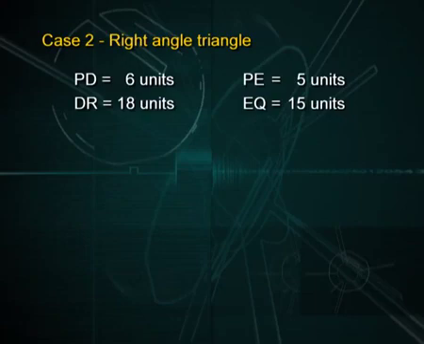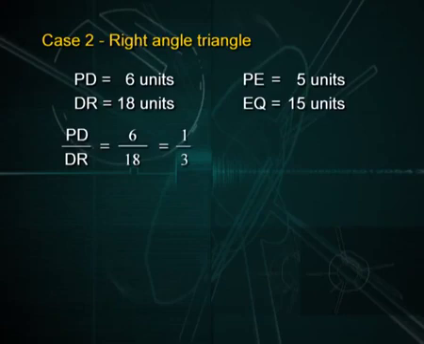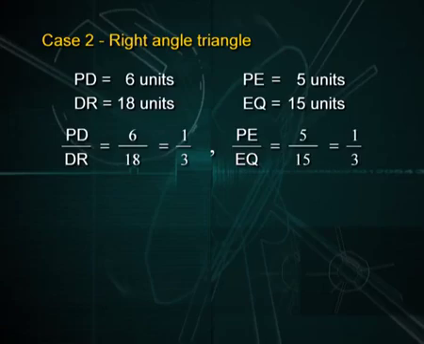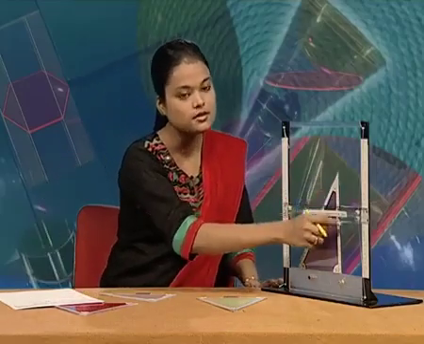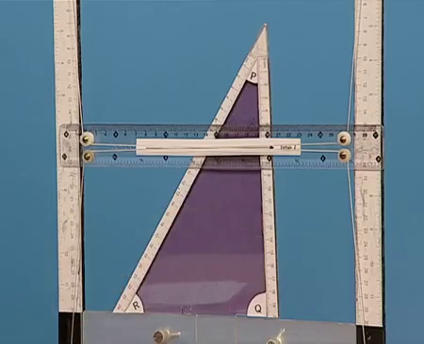Now, by mathematical manipulation, PD by DR is 6 by 18, which is coming out to be 1 by 3, and PE by EQ is 5 by 15, which is again 1 by 3, which again shows that the other two sides are divided in the same ratio.